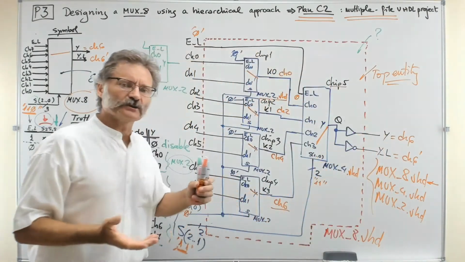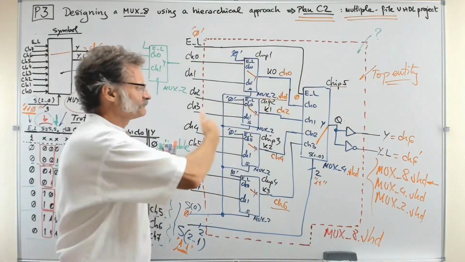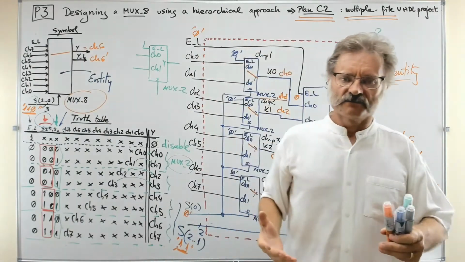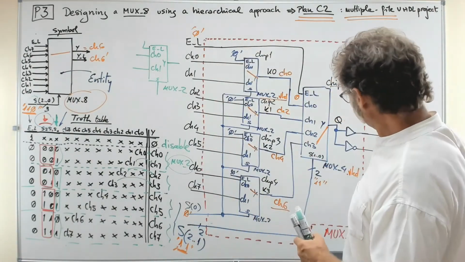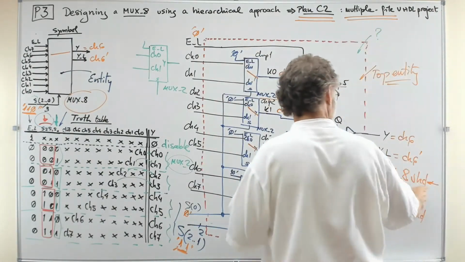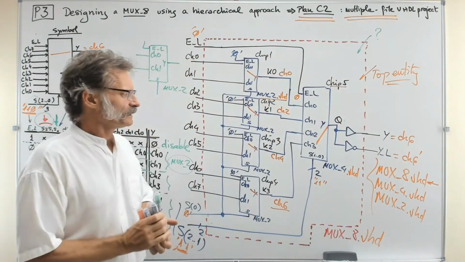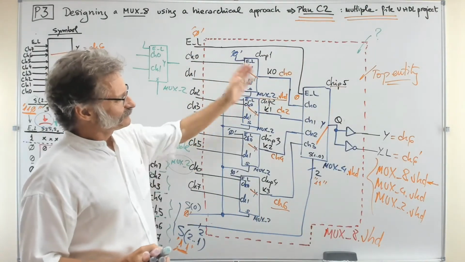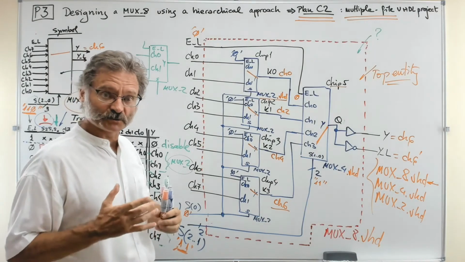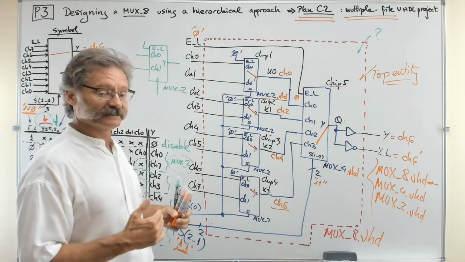In order to invent this circuit, you have to be aware of getting, first of all, the components in VHDL, and finally organizing the top. And how to do that? Well, that's the next step.